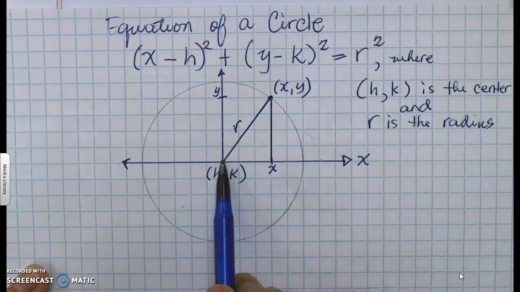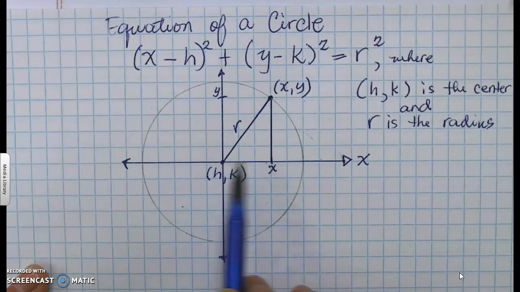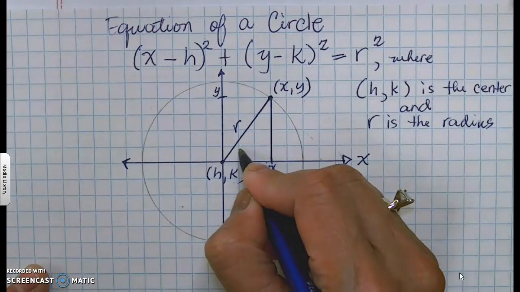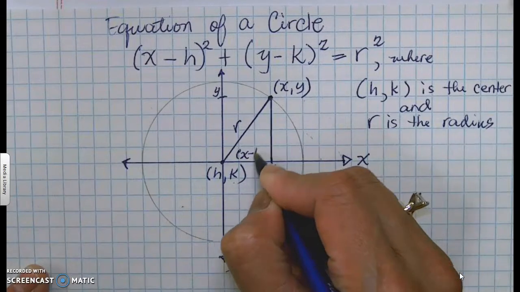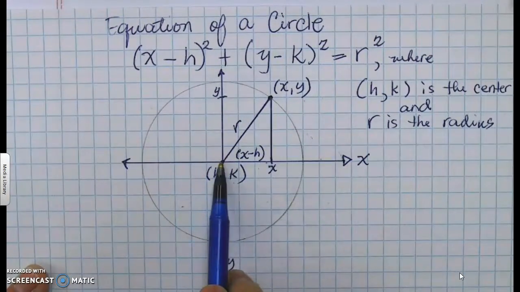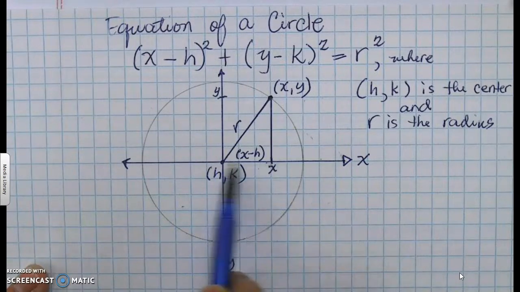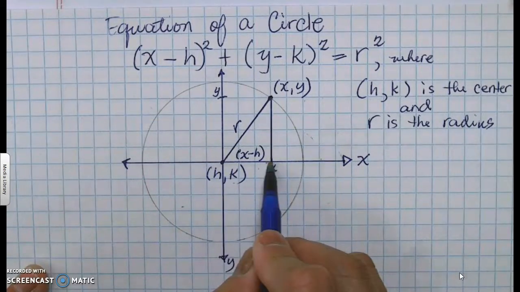From here to here, if you wanted to get the length, we know early on that the distance is x minus h. It's the difference between the 2 points. So if this is x and that is h, then this is x minus h. So that's the length of this leg.